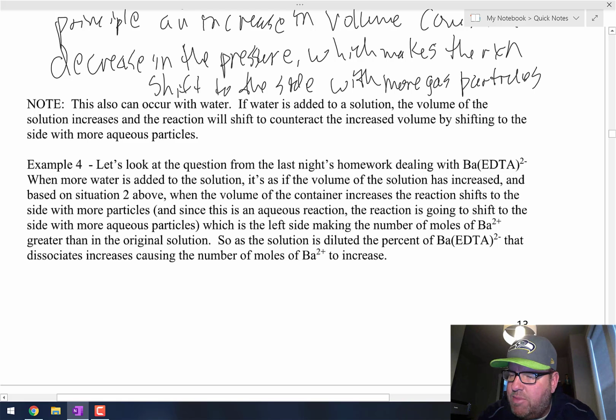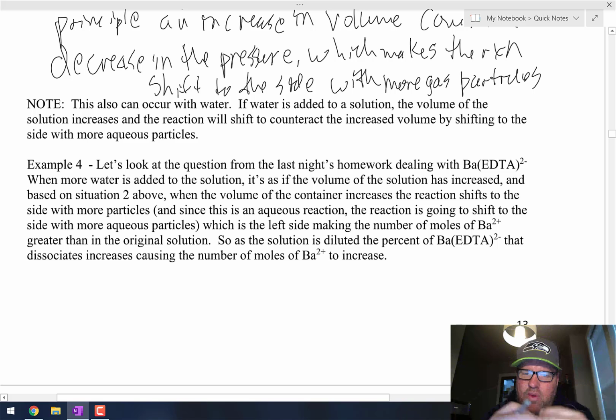After equilibrium has been reestablished, is the number of moles of Ba2 plus present in solution greater than, less than, or equal to the number of moles of Ba2 plus present in the original solution before it was diluted? In that case, notice that in that reaction on number 18, you've got 2 aqueous particles on the left, and you've got 1 aqueous particle on the right.